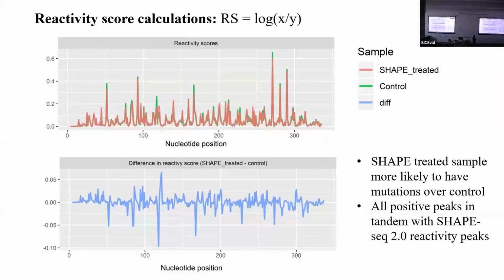So you're seeing along the length of this 332 nucleotide molecule, the SHAPE treated, control, and the difference. The difference is plotted as log of x by y. When we looked at all the positive values, those are in agreement with short read based data. Wherever those locations are modified in short read, we noticed that those were the locations that we found. The negative values were a little puzzling for us because they were most likely errors of sequencing. There's still some error rate.